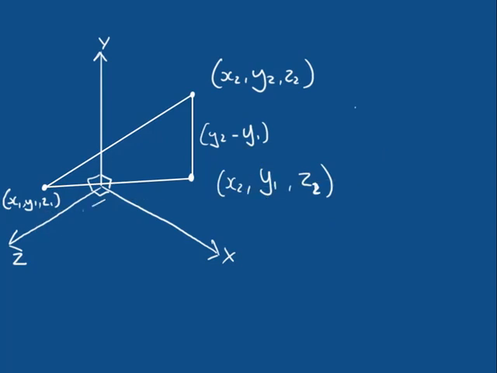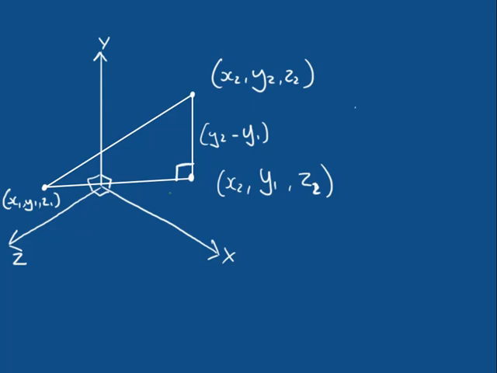So if we're only moving in x and z on this edge, and we're only moving in y on this edge, and as we've seen, the y-axis is at a right angle to the z-axis, and it's at a right angle to the x-axis, which means it is perpendicular, it's at a right angle to any line that lies on the xz plane. So because this line lies on the xz plane, and because this line only travels in y, we know that they're at a right angle to one another.